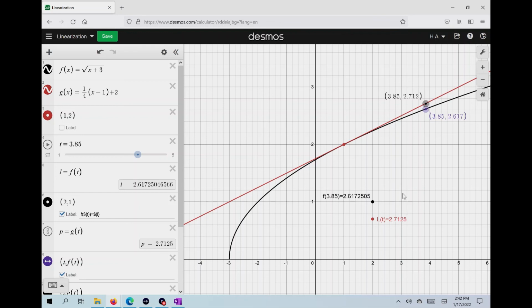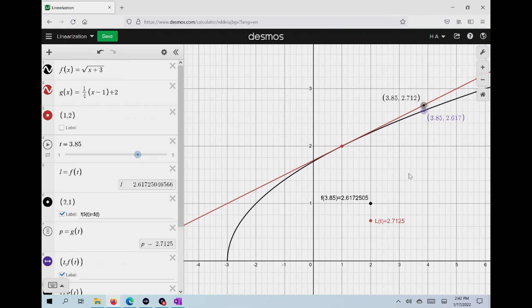So you start seeing some discrepancies between the two values, my two functions, right? In some cases, this might be good enough. It might be practical to use these values, but as a general rule, you want to always select values close to your a. So in this case, my a was 1. So in this case, I should select values that are close to 1.